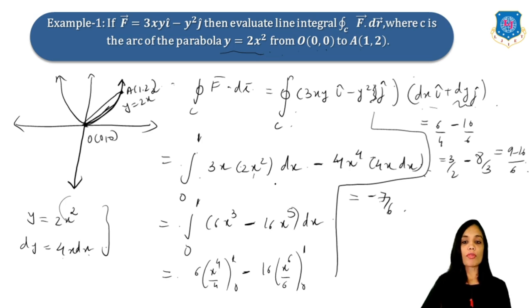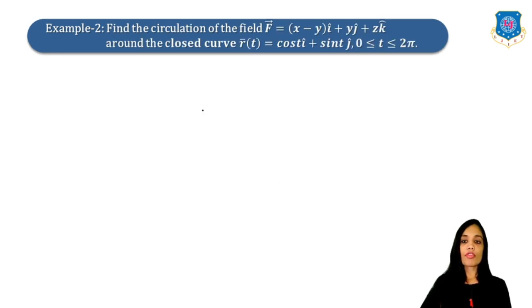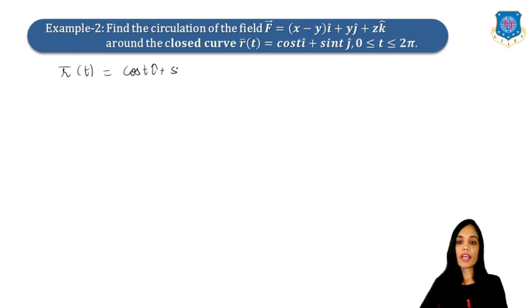Now let us solve one more example. We have to find the circulation of f bar around the closed curve r bar = cos t i cap + sin t j cap for 0 ≤ t ≤ 2 pi. So here your r bar is what? cos t i cap + sin t j cap.